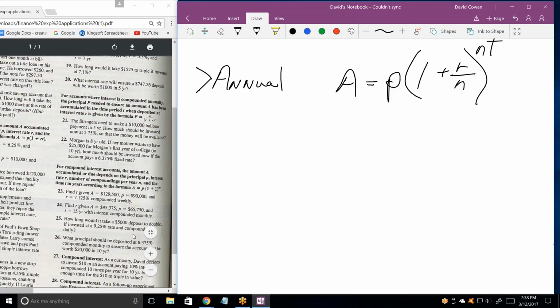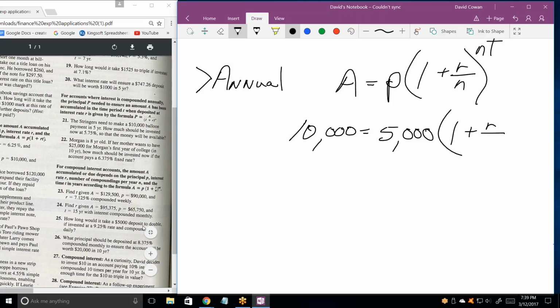How long would it take 5,000 to double? Oh, so it'd be 10,000 would be A. P is? P would be the 5,000? The beginning amount. You always have a beginning amount and an ending amount.